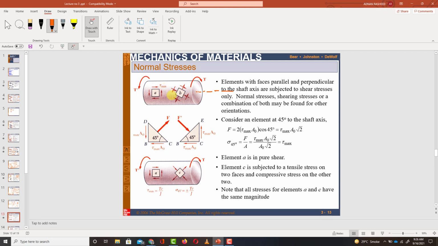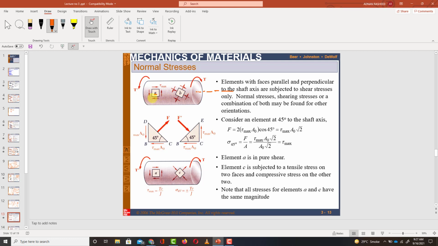Clear? But when this portion of the shaft, or any patch or any incremental part of this shaft, has faces that are neither parallel nor perpendicular, and it is subjected to torque, then in this condition it will experience normal stress as well.